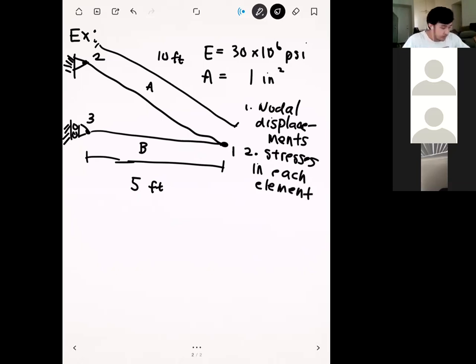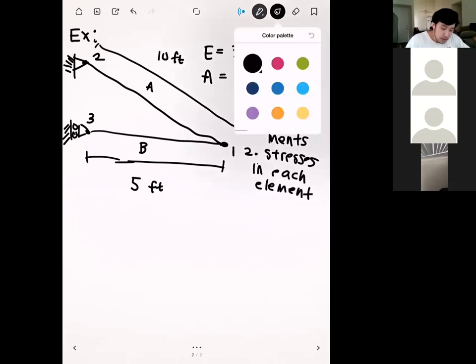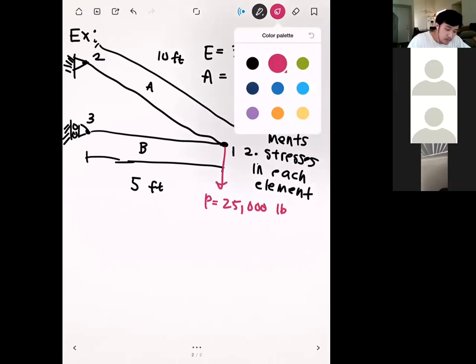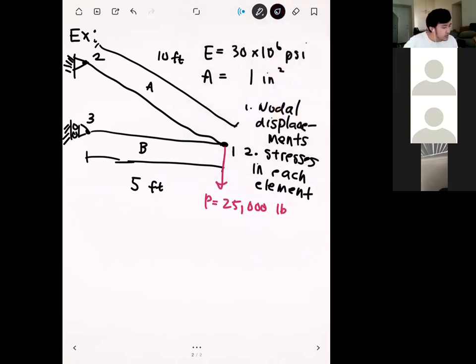Okay. Oh, I forgot the most important thing. We also have a vertical load here on node 1, and this vertical load has a magnitude of 25,000 pounds. I did it in red just to make it stand out.